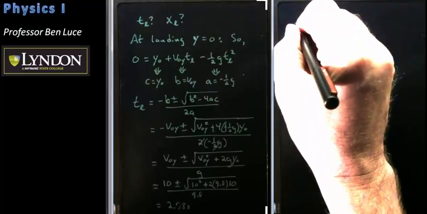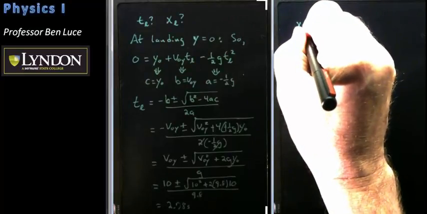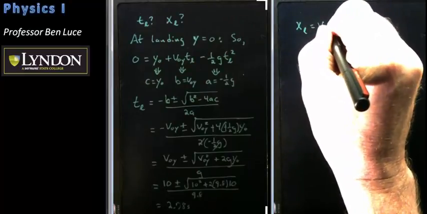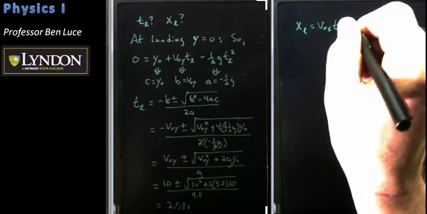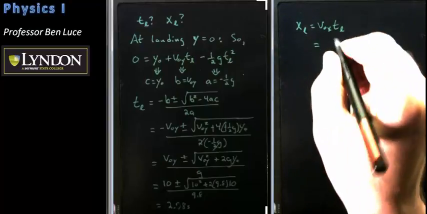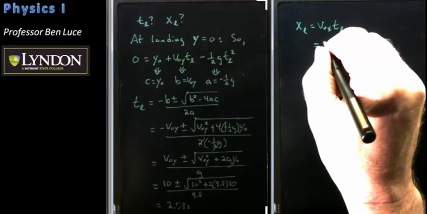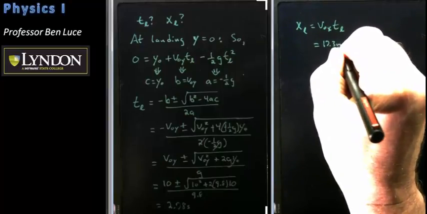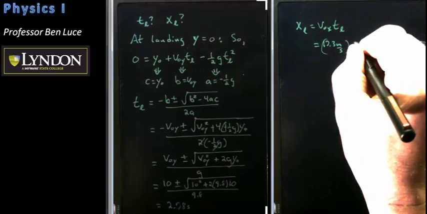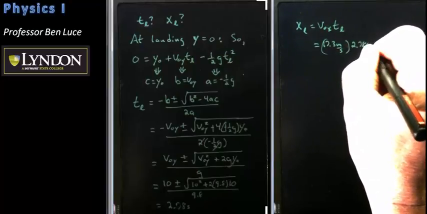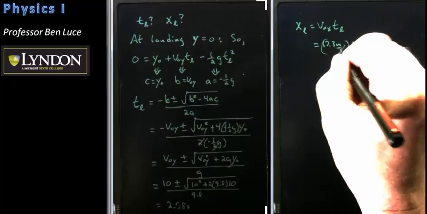Now we can compute the range, which is just given by V naught x TL. And so we have 17.3 meters per second times 2.78 seconds. Seconds cancel.